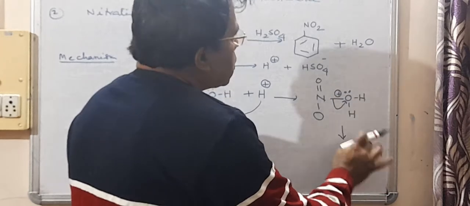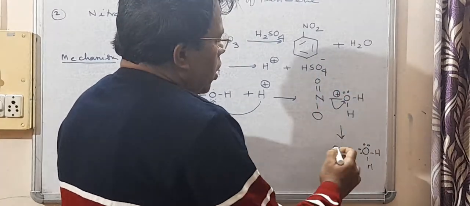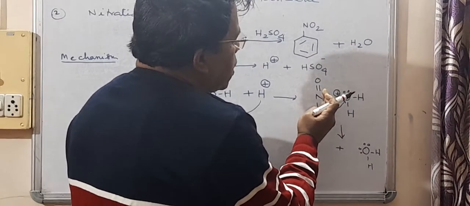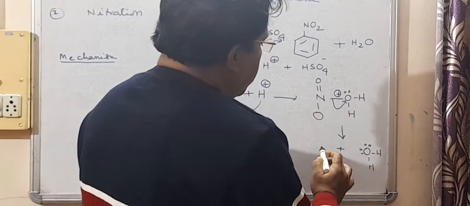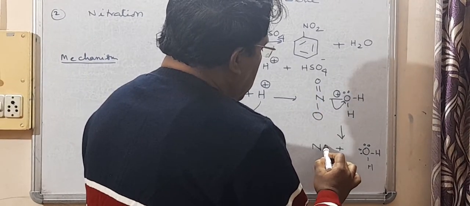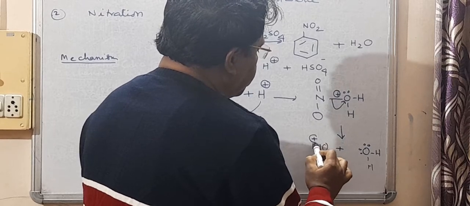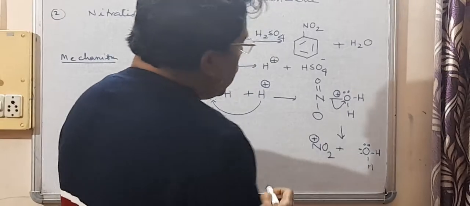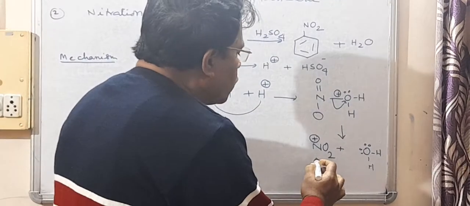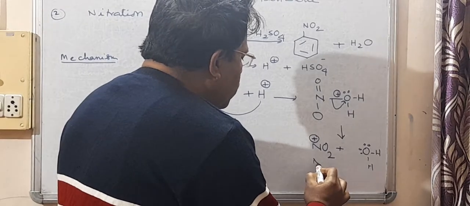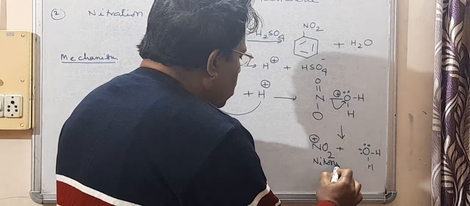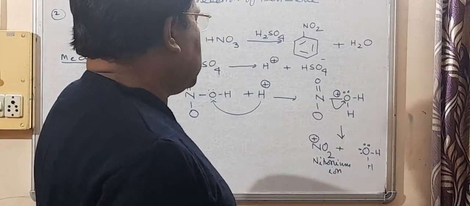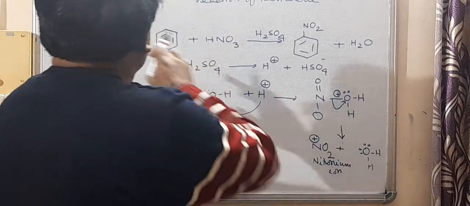So water will be formed as a byproduct, and this NO2 unit, which has lost its share of electron, will become NO2 plus. So this is the electrophile here, and the name of this electrophile is nitronium ion. So nitronium ion is the electrophile in nitration.